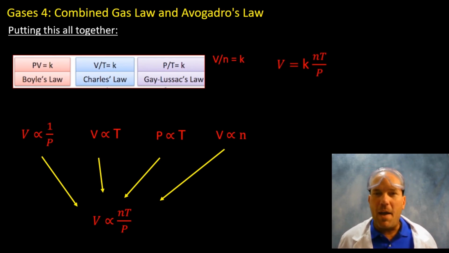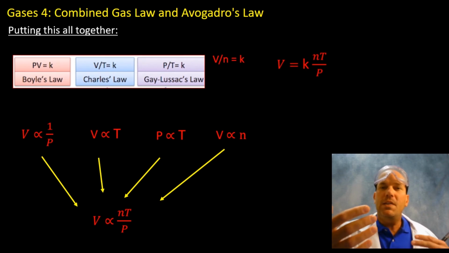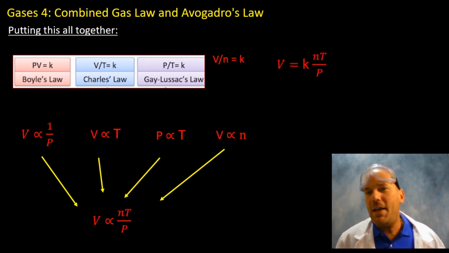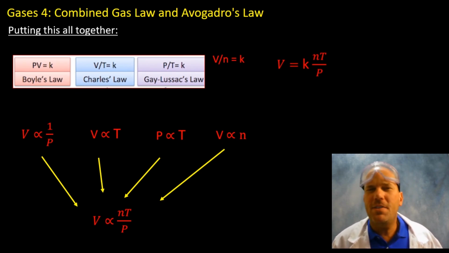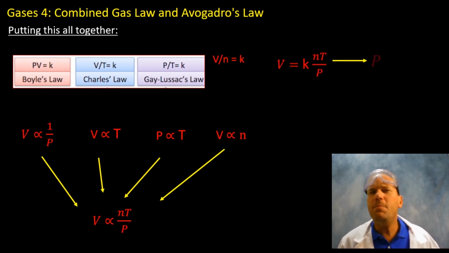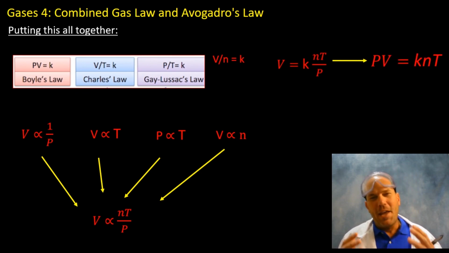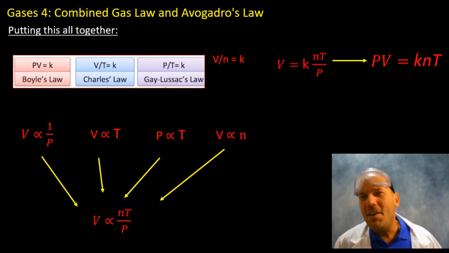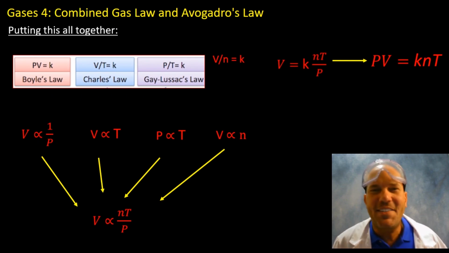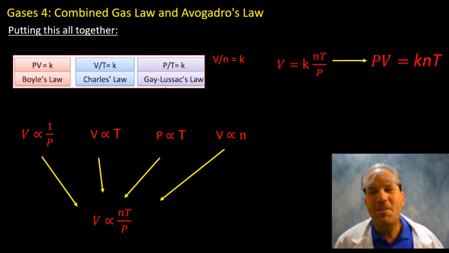And so if I put that constant in, I can take the proportional symbol out and put equals in along with that constant, and we get this relationship. Let's rearrange this a little bit. Let's multiply both sides by pressure. And what we get is basically the derivation for the ideal gas law, which is going to be the topic of gases video number 5.